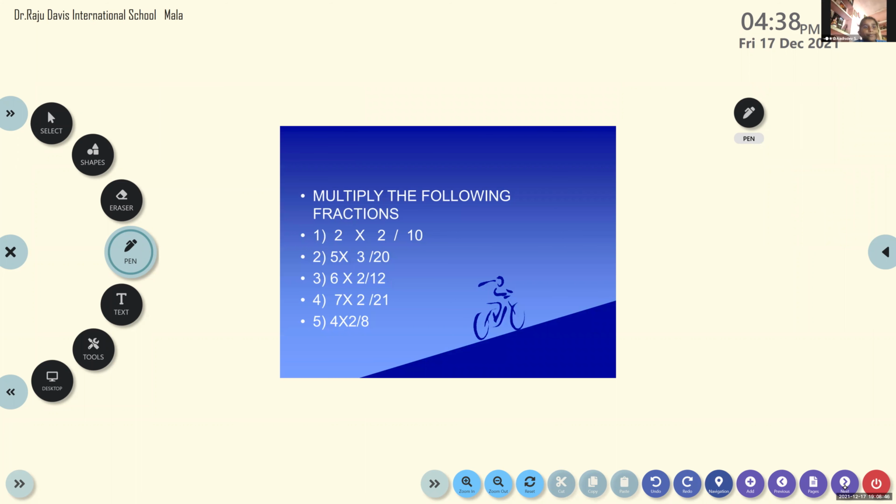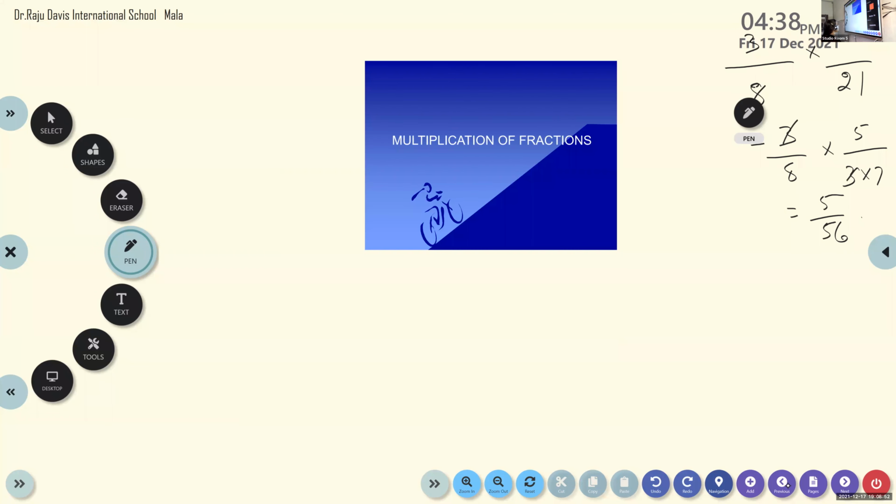Ma'am, please show the heading, multiplication of fractions. Can you quickly show the first slide again? This is the first slide, multiplication of fractions.